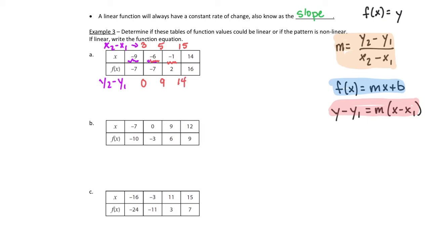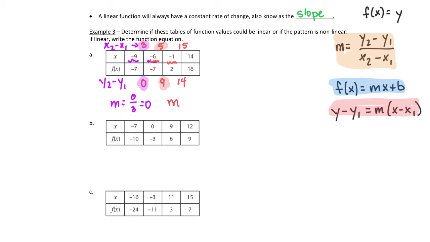So if I take a look at my 3 slopes right here, that first slope is going to be, let's see, y's over x's. So that first slope is 0. My next slope will be the 5 and the 9 here.